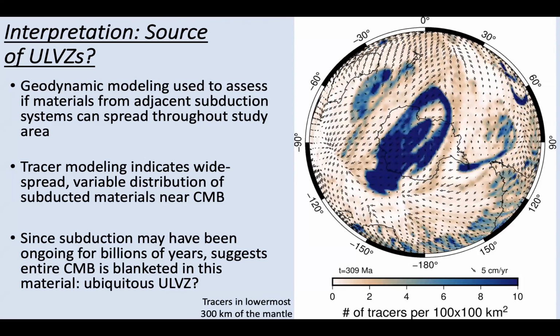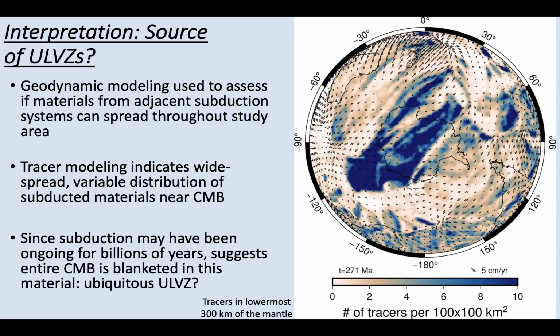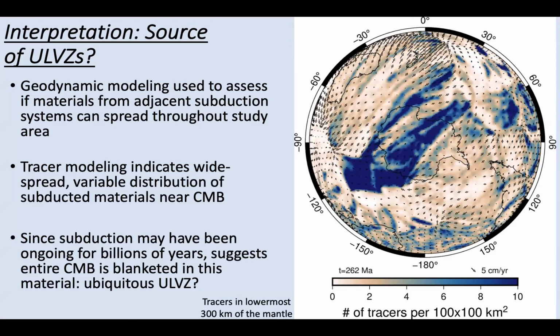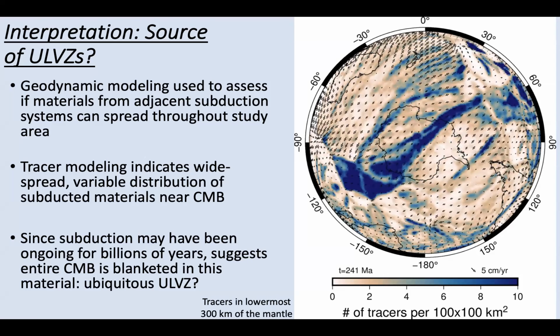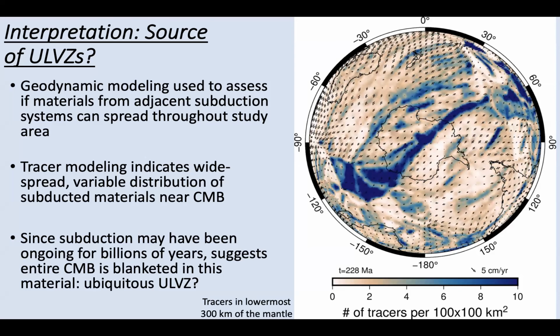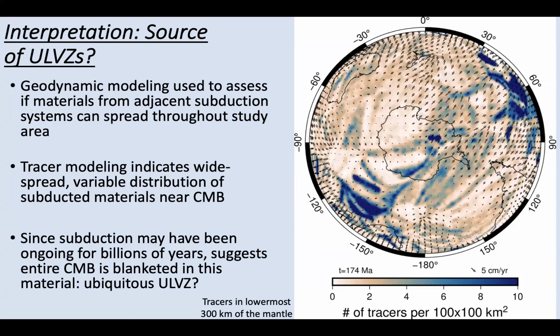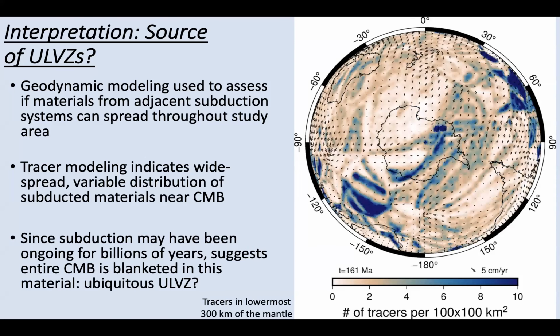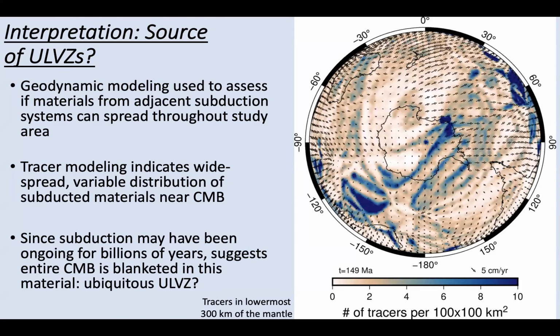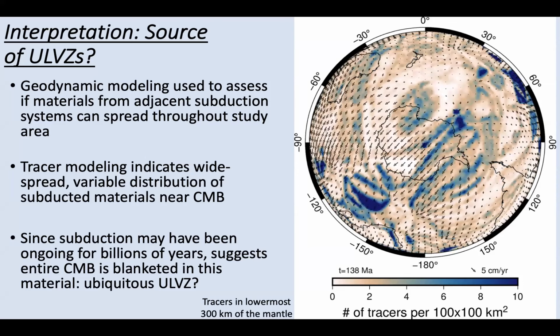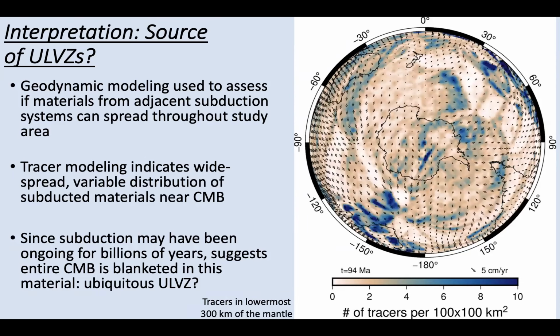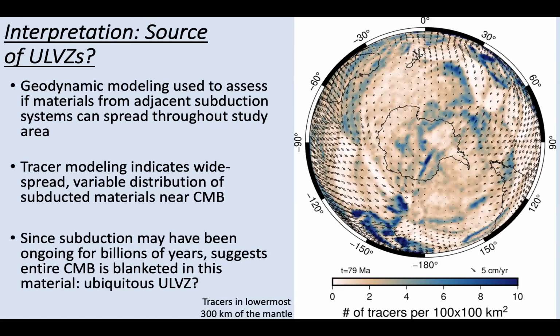And what you'll see as this continues is that we end up with subducted material all over the place. Of course, it's variable, right? There are darker bluish green colors in some locations than in others, meaning you have more tracers or more subducted material in those locations. And where it's concentrated varies quite a bit.